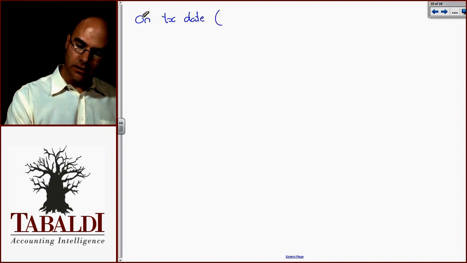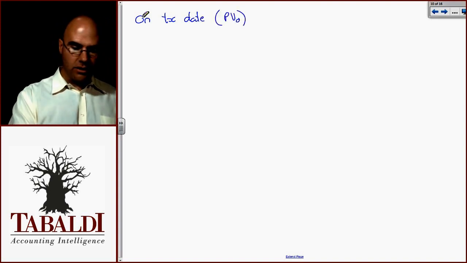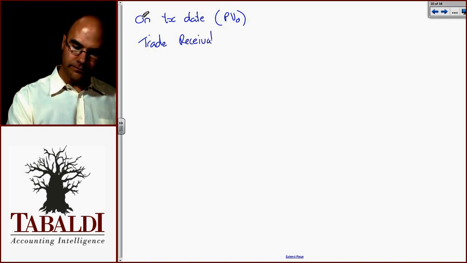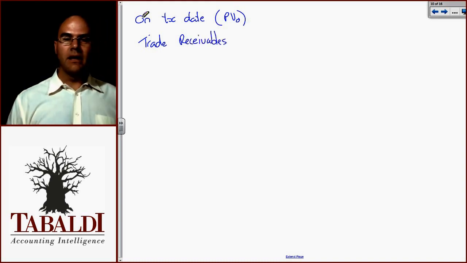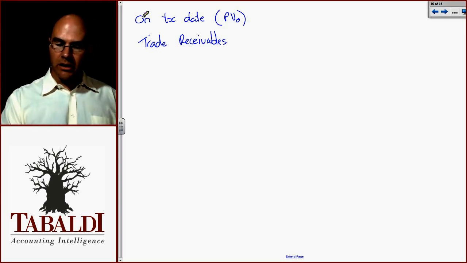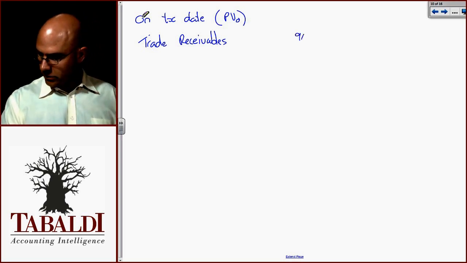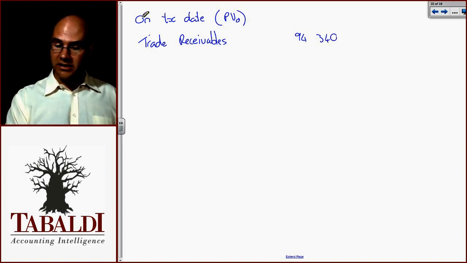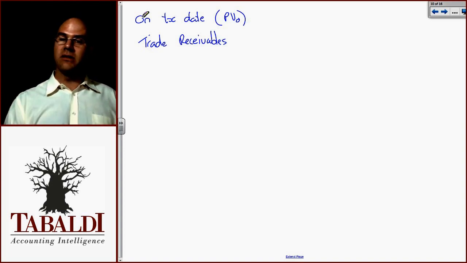which was at present value period 0, I'm going to go debit trade receivables, debtors. Now, what I would ideally like to do is go debit the 94,340. That's not a reality because auditors are going to want to see something that matches to the invoice.